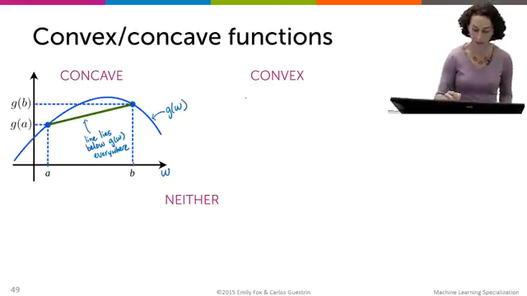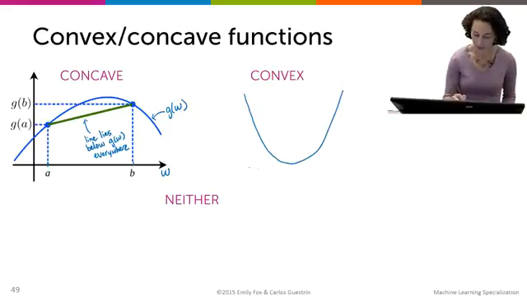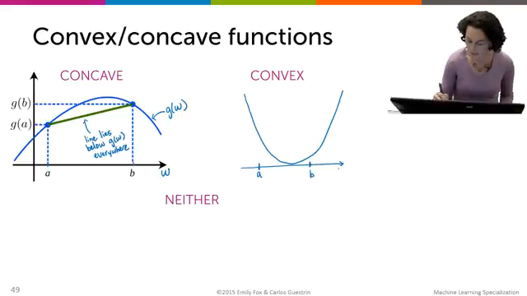A convex function, on the other hand, let's just draw a little picture of a convex function. It has exactly the opposite property, where if you choose any a and any b, so just to be clear, this is w, this is g of w.